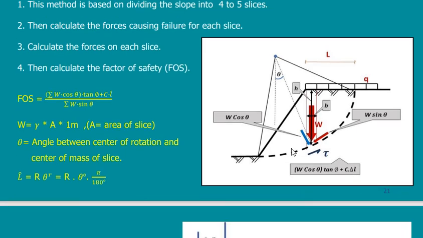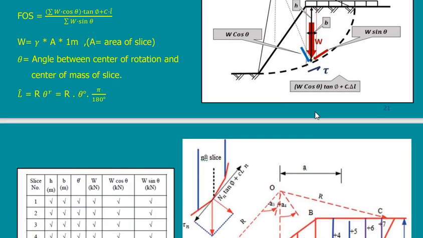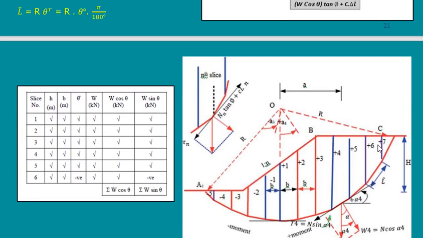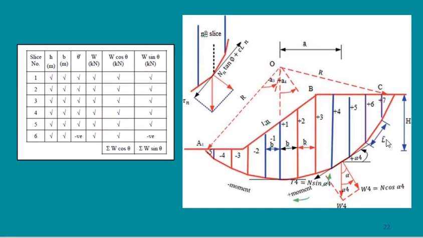So I have to divide my problem into slices. This is 1, 2, 3, 4, and so on. All of these are my slices, and I study each slice alone. I get the volume of the slice, and from the volume I calculate the weight.